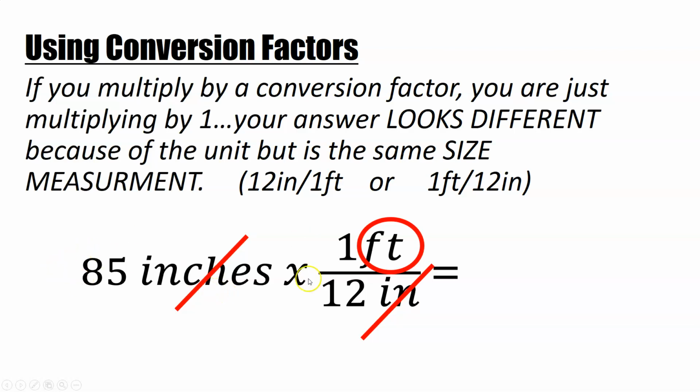And when I punch this into my calculator, 85 divided by 12, out comes my final number. This number is exactly the same measurement as this one over here. 85 inches is the same as 7.1 feet. All I've done is chopped it into different size quantities, so my number and my unit look a little bit different.